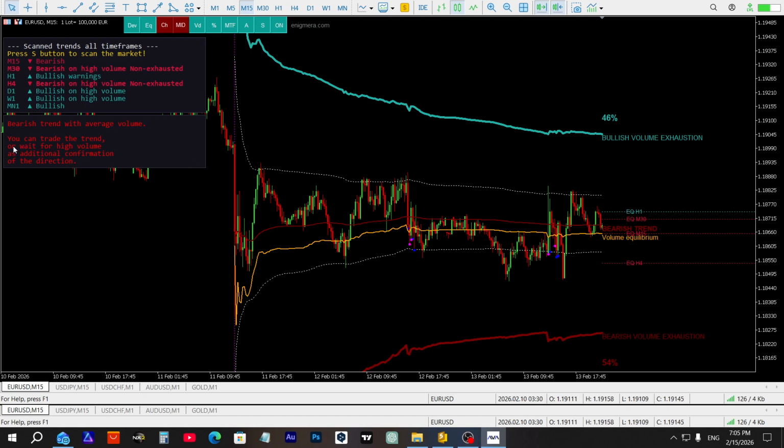And the message further proceed: you can trade the trend or wait for high volume as additional confirmation of the direction. So you can trade this bearish trend, but probably it's better to see some bearish volume here in order to proceed down. Anyhow, it can proceed down. I don't know.